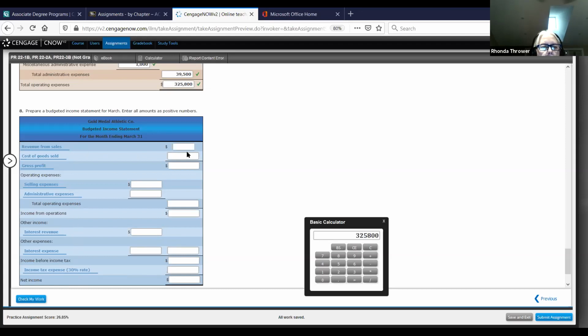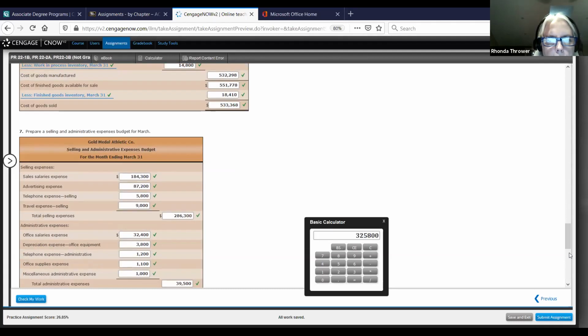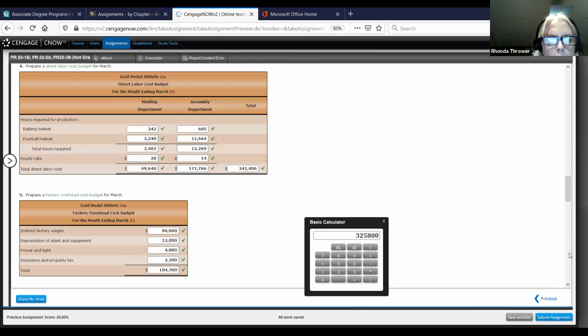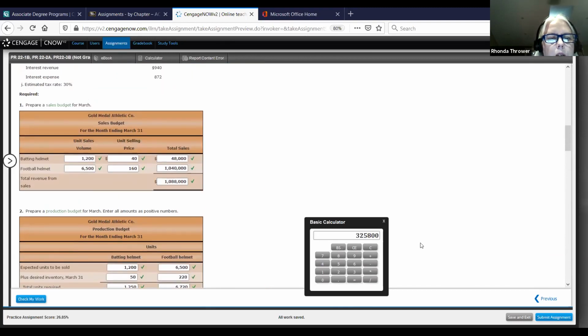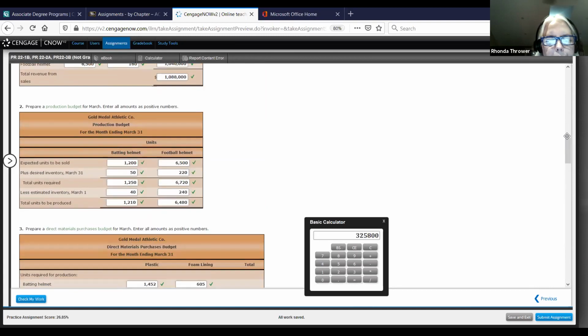Then what I would do is fill in the rest of these blanks. Your revenue from your sales is going to come from your sales budget. So we're going to scroll all the way back up to the first budget that we prepared. And the sales is $1,088,000.